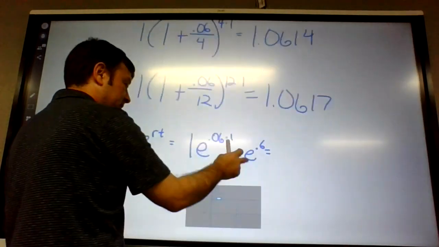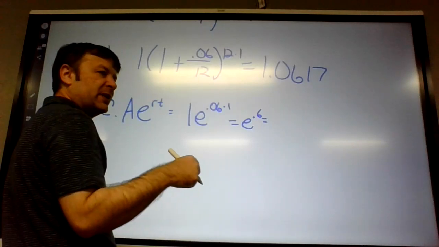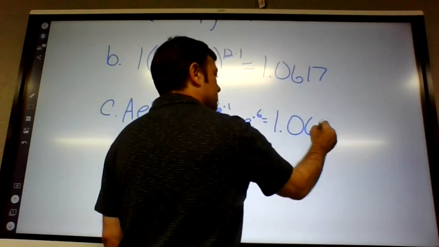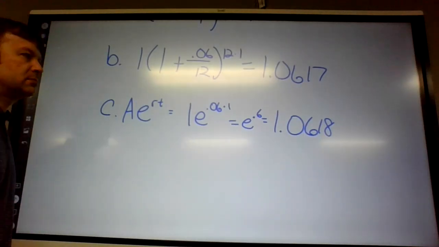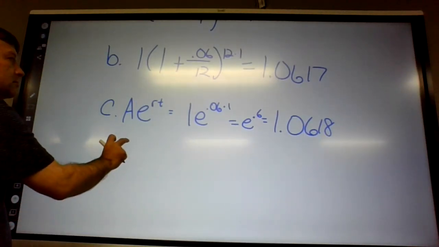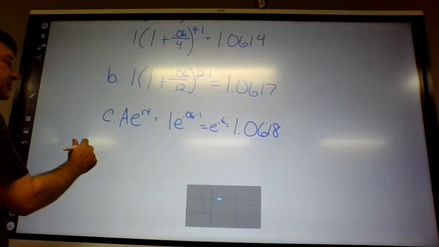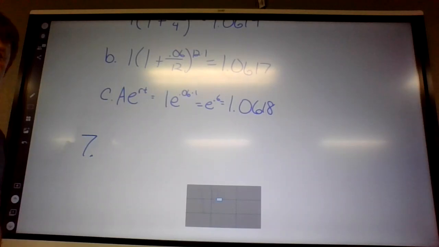So it doesn't make a huge difference. And then what'd you get for this last one? 1.0618. Even less of a difference. They went to 4 decimals because that's how far you had to go to see the difference.